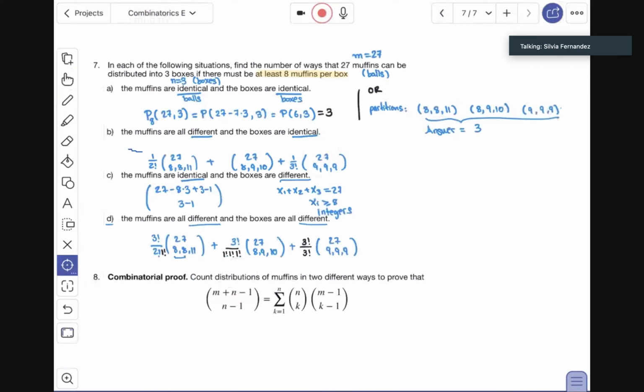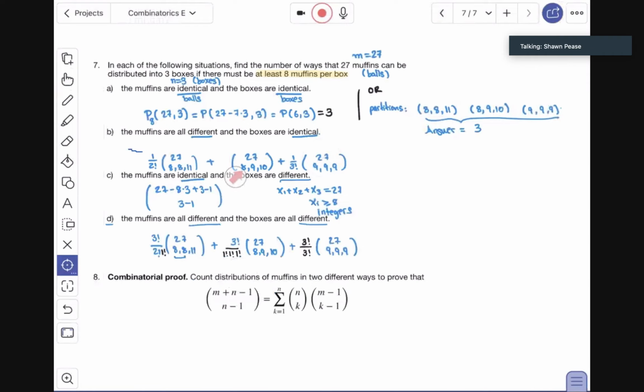That's exactly what's happening. Unless I'm mistaken on the meaning of different, because I was thinking different number of partitions. Like in each box, you cannot have the same number of muffins, it has to be like 8 muffins, 9 muffins, and 10 muffins.